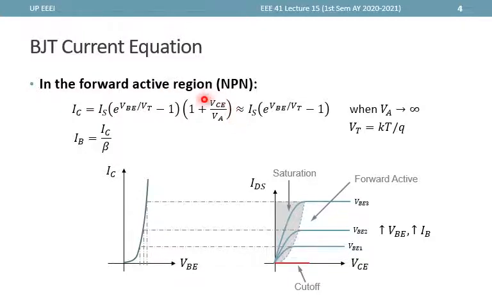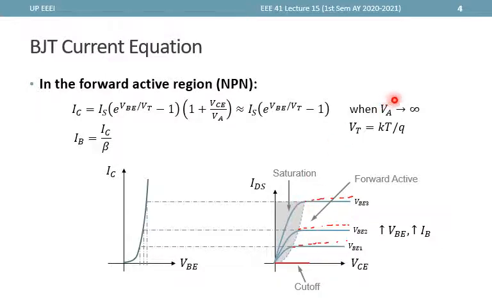So if we actually consider this increase, although most of the time we want this to be just slightly increasing, then what we'll get with the IC versus VCE curve is some slightly linearly increasing current. But to simplify things and to be able to plot the IC versus VBE curve, we normally refer to this point right here.